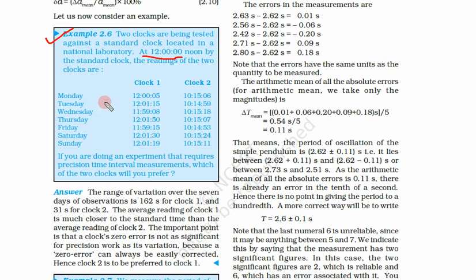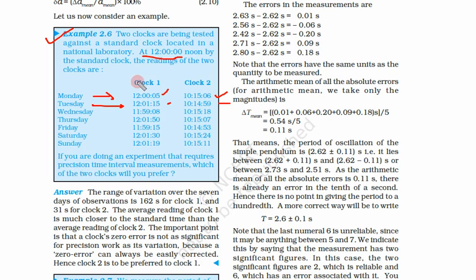The readings of these clocks on Monday: clock 1 is 12:00:05, that means 5 seconds up, and clock 2 is 10:15:06. On Tuesday clock 1 is 12:01:15, and clock 2 is 10:14:59. Similarly we can see different readings. If you are doing an experiment that requires precision time interval measurements, which of the two clocks would you prefer? So we have to tell which clock is more accurate of these two clocks.